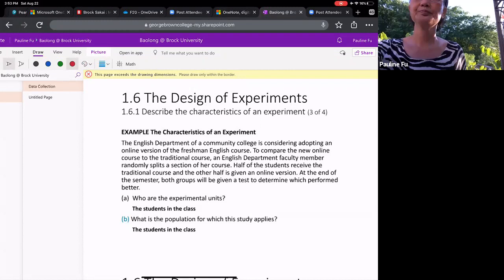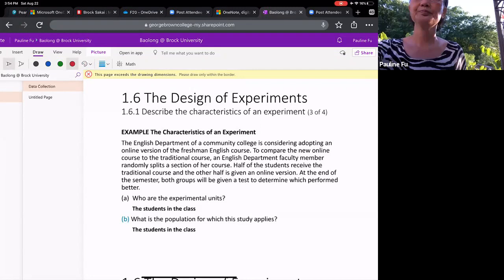And there's another terminology, treatment. What is the treatment? Okay. To explain treatment, we have to explain the experiment. An experiment is a controlled study conducted to determine the effect that varying one or more explanatory variables or factors has on a response variable.